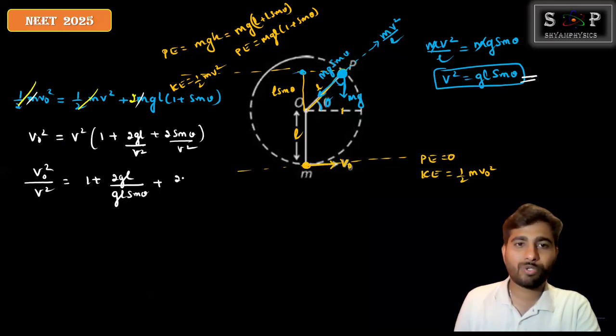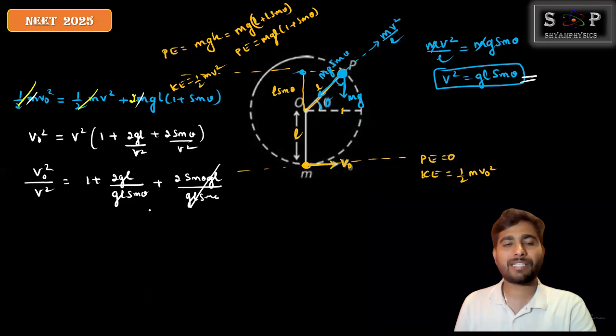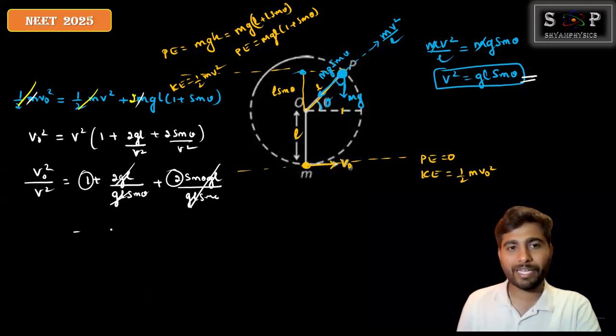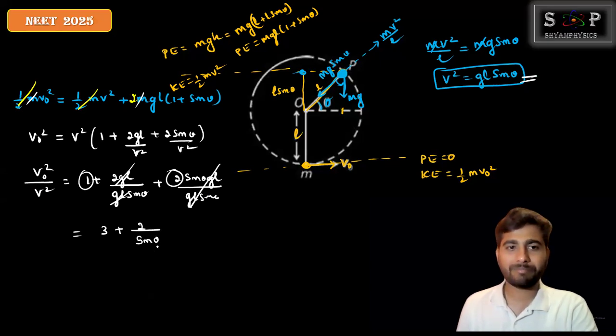Then 2 sin theta into gL, it is not multiplied, gL divided by v square value gL sin theta. This gL sin theta cancels, gL cancels, so that we'll get here 2. This is 1, 3. So I can write here 3 plus 2 by sin theta.